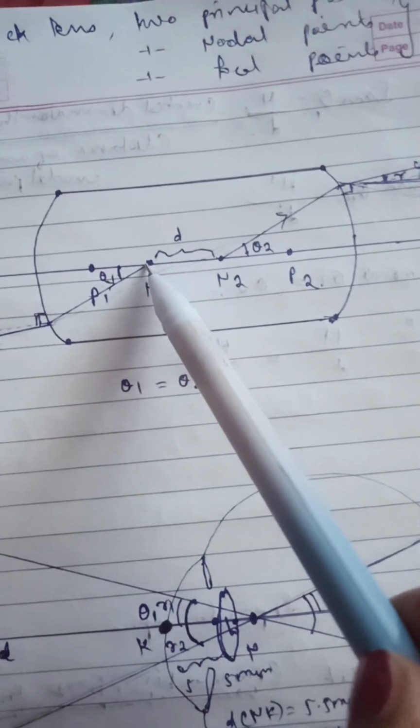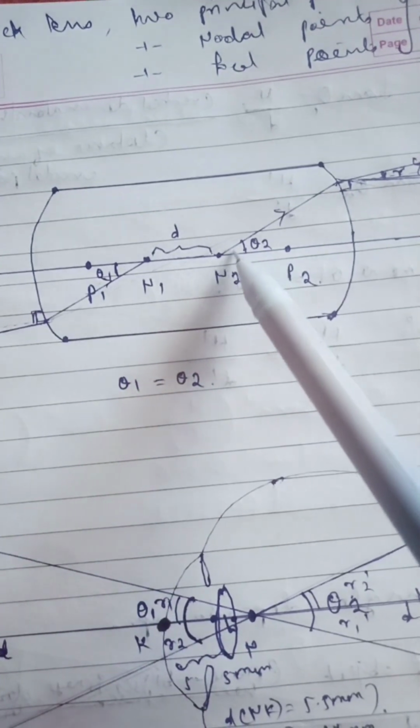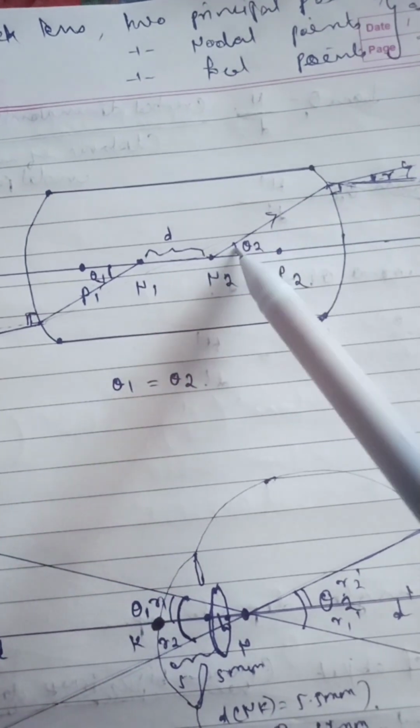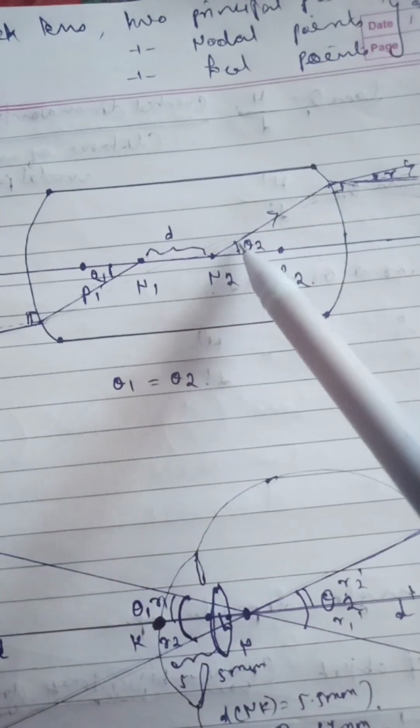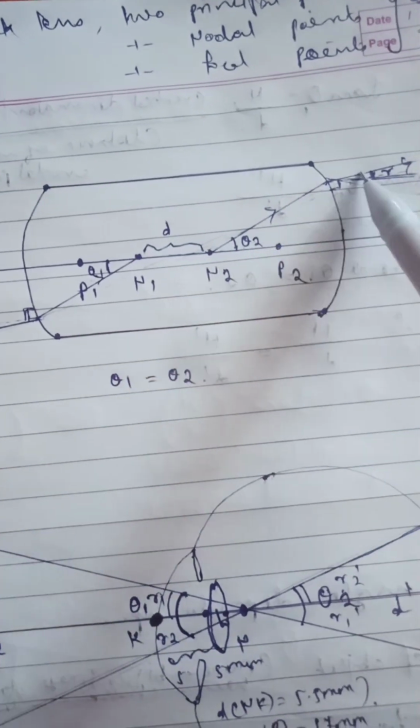Then the ray will travel straight towards the nodal point, and it will make angle theta 2. It will undergo refraction within the substance of the lens.